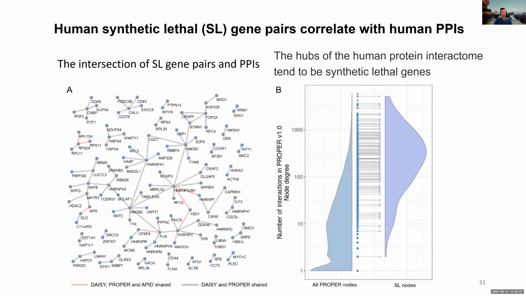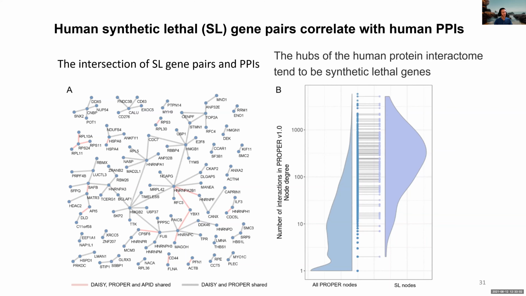What Irene finds is that in the intersection, those that are both PPI and genetic interaction synthetic lethal pairs tend to be more heavily impacting the hub proteins in the identified human protein-protein interaction network as compared to the entire network.